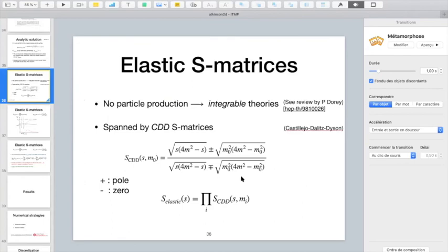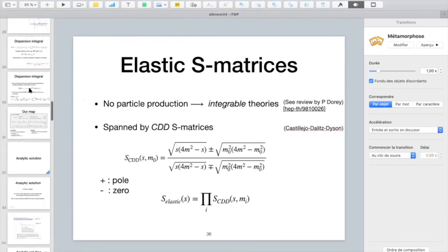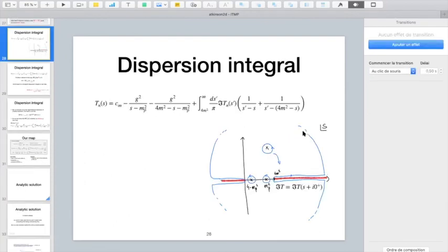But in 2 dimensions, do you expect the crossing symmetry to be somehow built in your framework? Yeah, because of that dispersion integral here that contains both cuts, the way you implement the map, you always obtain a result that's crossing symmetric, kind of.